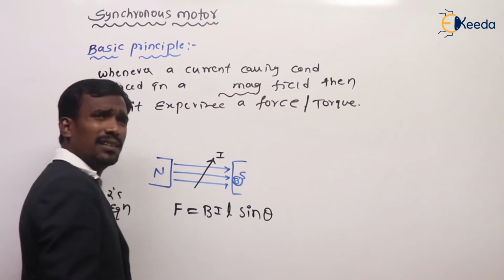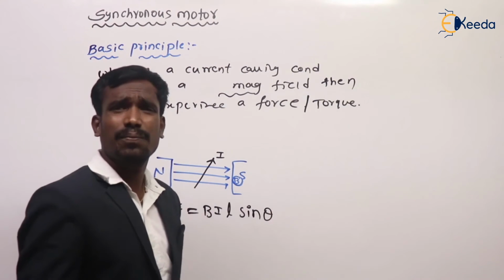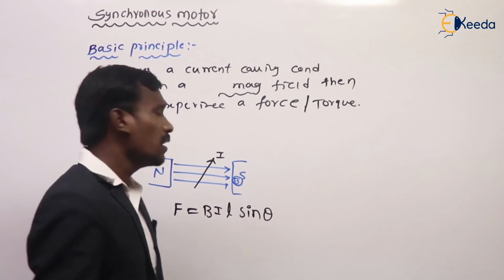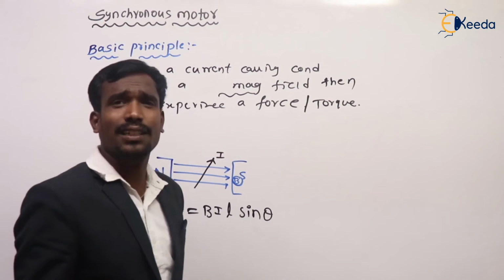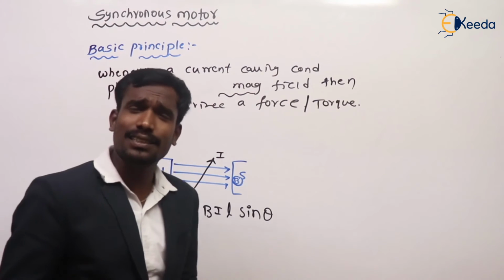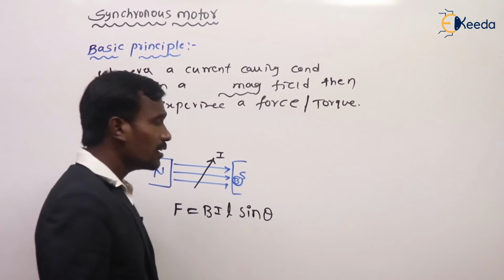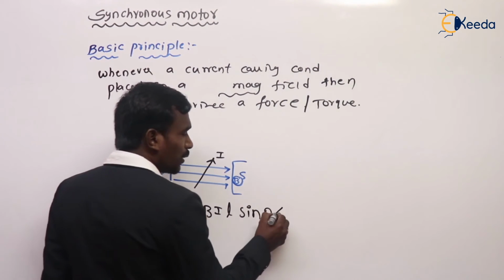What is B? B is the flux density of the magnetic field. What is I? The current carried by the conductor. What is L? The active length of my conductor. What is theta? Very good.